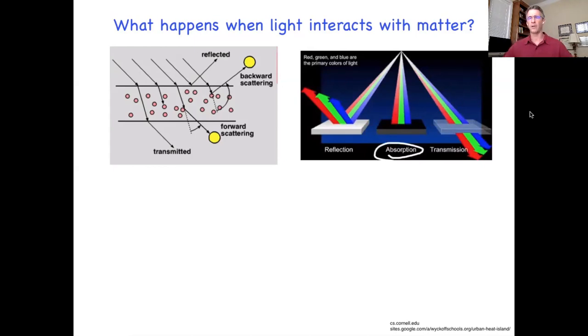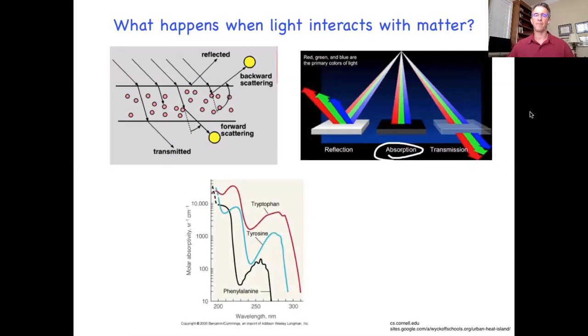That is, when the energy of the incident light is mostly or substantially absorbed directly by the intervening medium. Now, there are a couple of ways one can think about this process. Here again is a set of those reference spectra I showed you before for the absorption of ultraviolet light by the aromatic residues of a protein. There are at least two fundamental ways one can think about understanding this process.